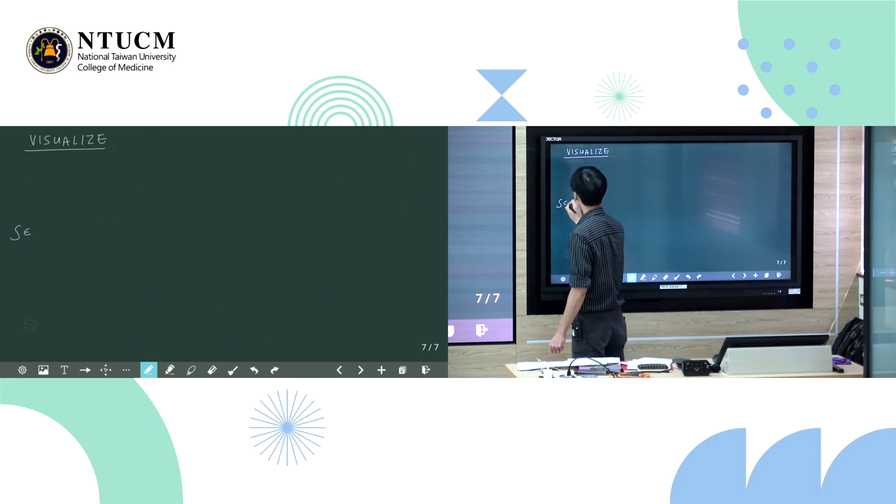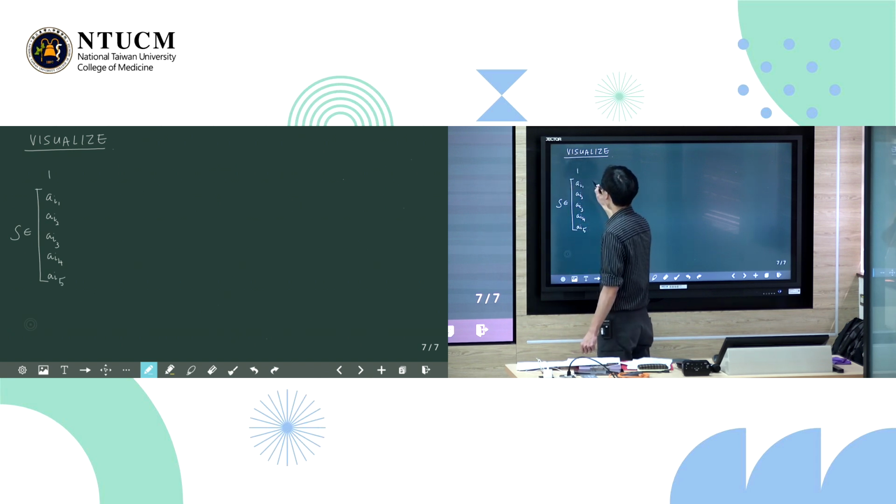S is elements AI1, AI2, AI3, AI4, AI5. Okay? And this is state equals state 1. And then I have AI2 through AI5, but for state 2, and then 3 and 4.